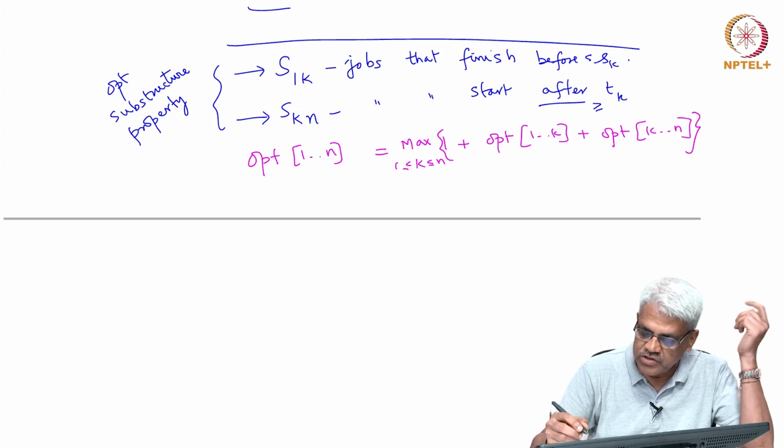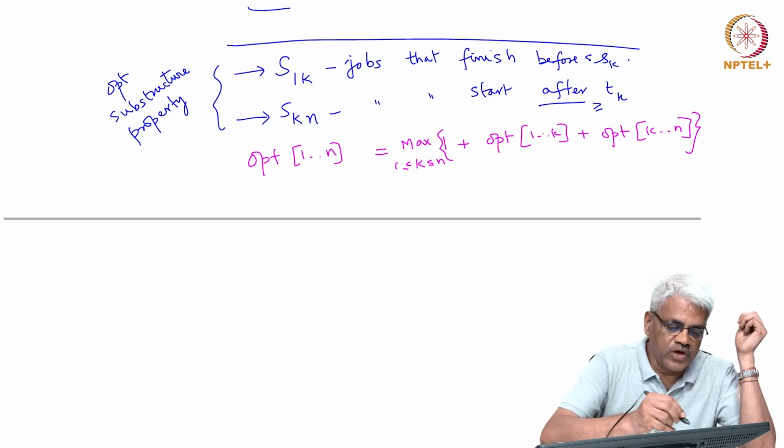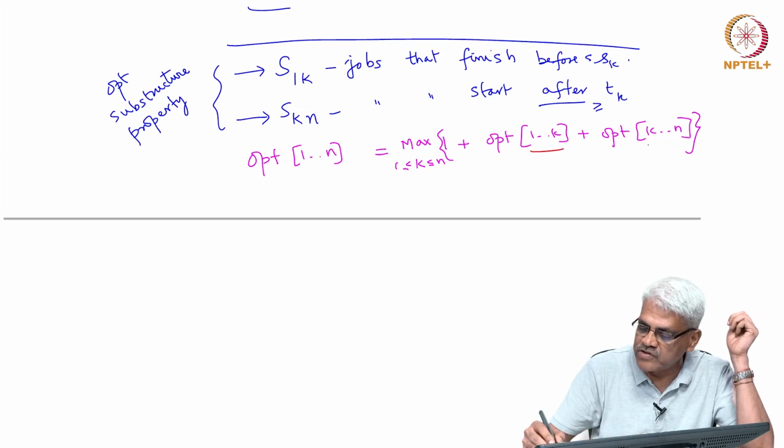Now it tells you what the sub problems are that we need to compute. Well, as usual, you think it is 1 to K and K to N for all values of K, but it's not enough.